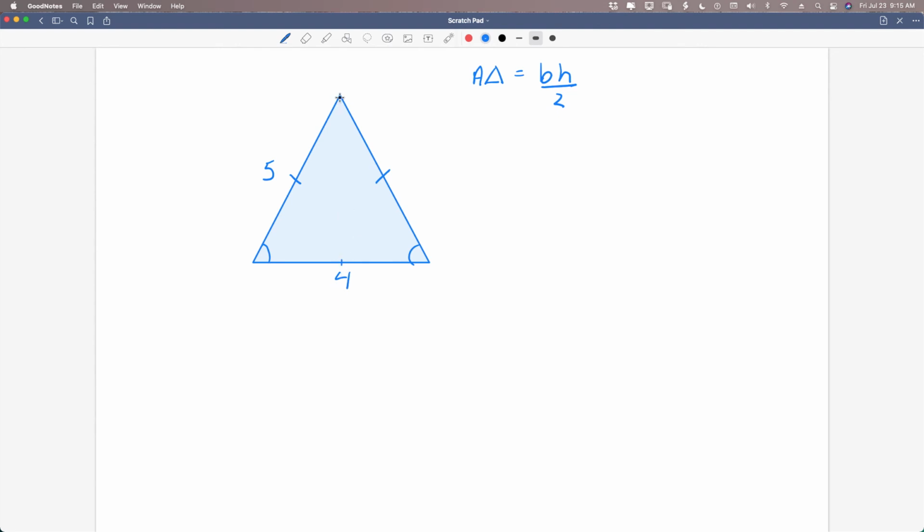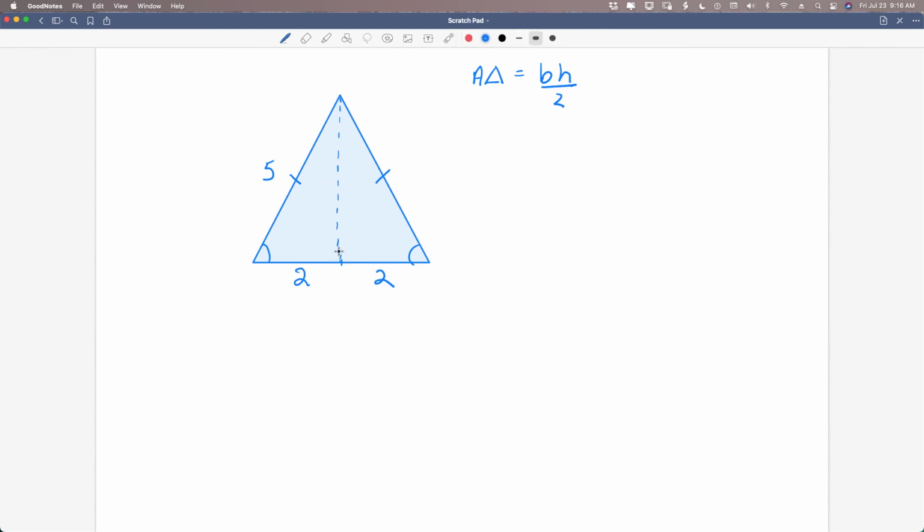So when they meet, it's in exactly the center of this line down here. So that being said, we know we can draw a line here, and this would be the height, and because it's exactly center, this line will be perpendicular to the base here. And because it's exactly center, we could take this measurement and divide it in half. So we have 2 on this side and 2 on that side.